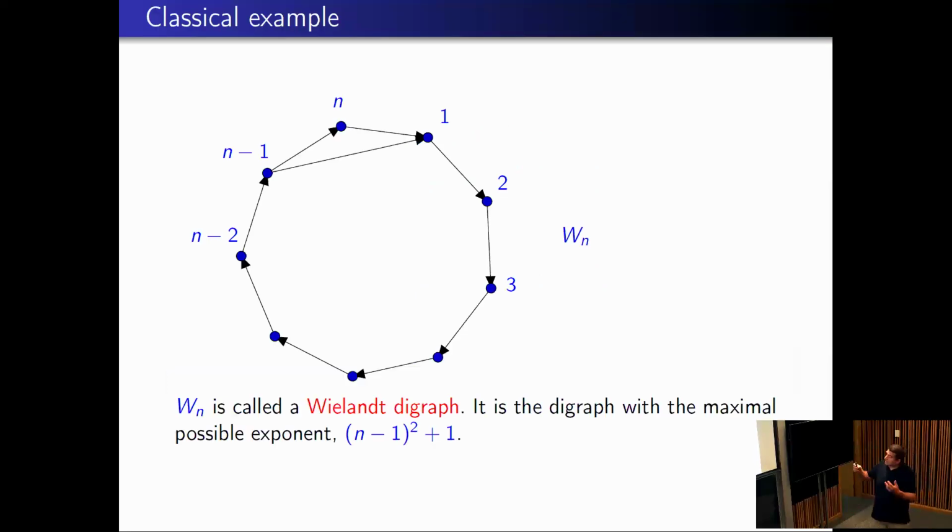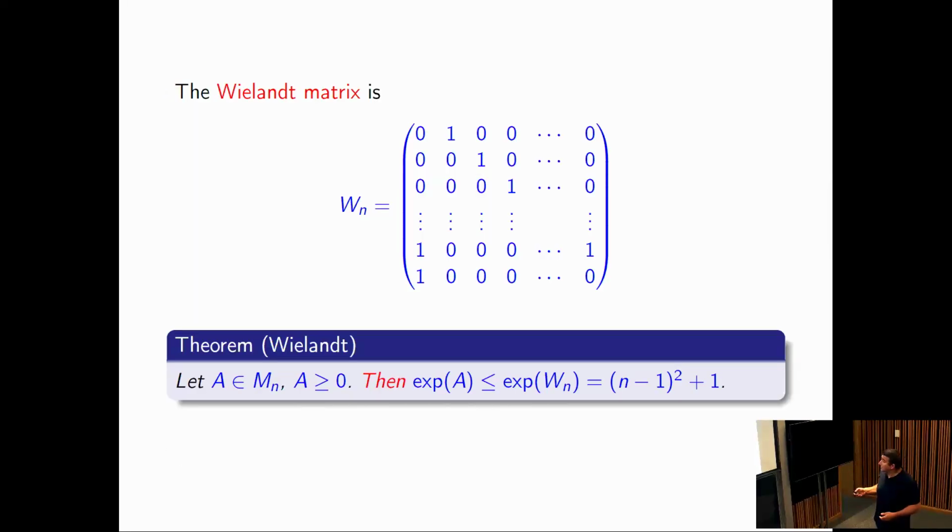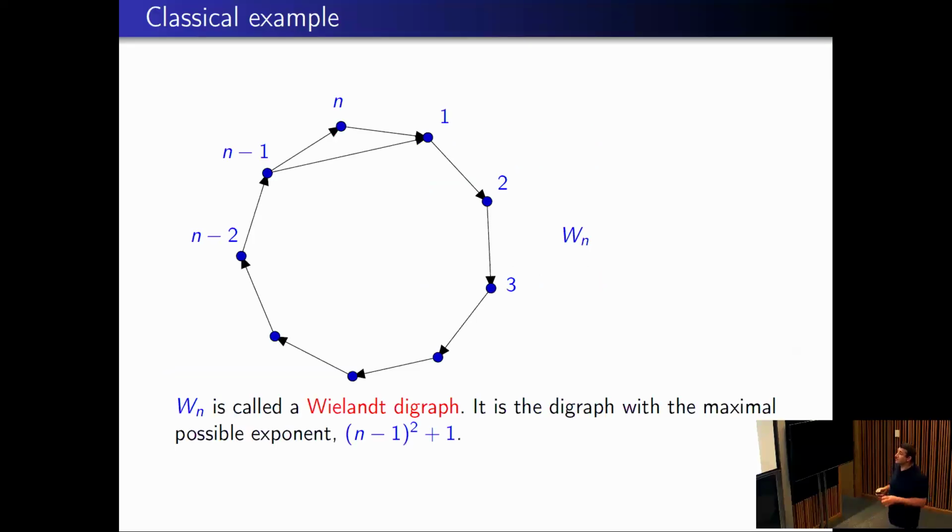So, you may ask why this particular number, why this particular matrix appears here. Again, if you look at the graph, the proofs will be easier. I am not going to discuss them here, but you just make one cycle, and it turns out this is everything produced in order to maximize the exponent.